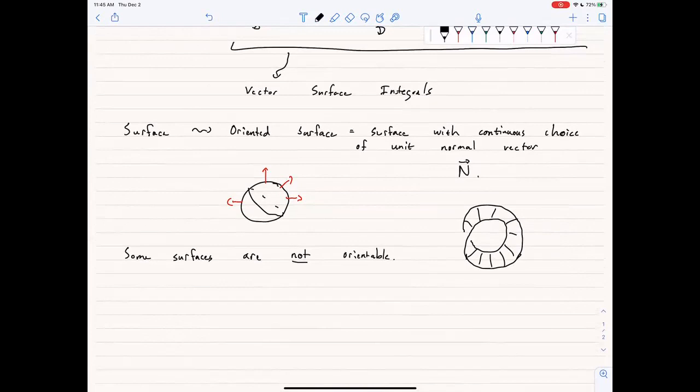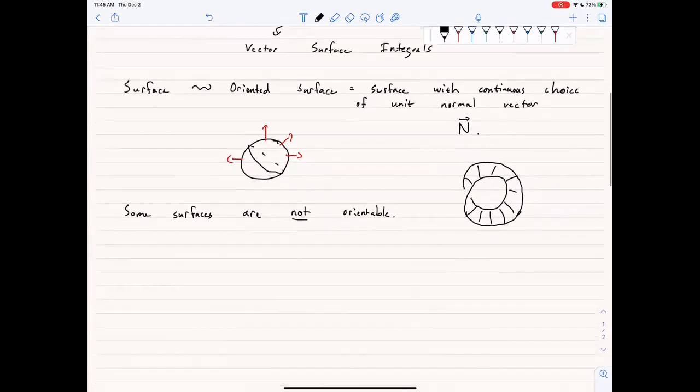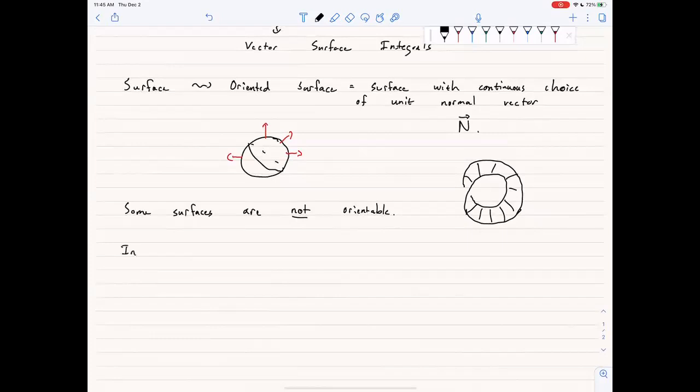So our input for domains is going to be an oriented surface, S. And let's see what the picture is here.